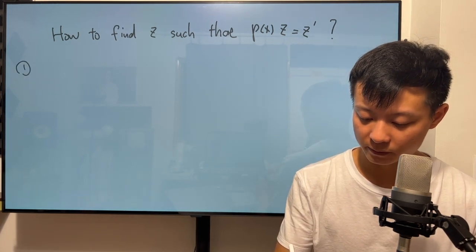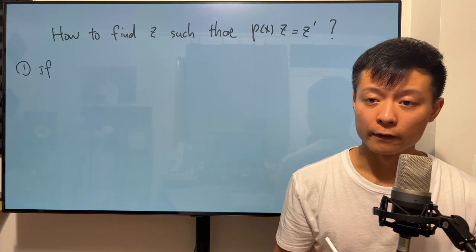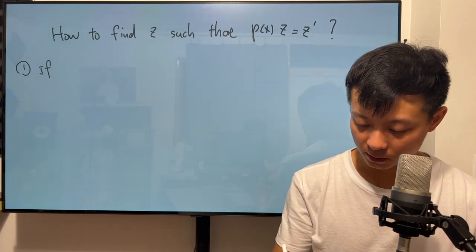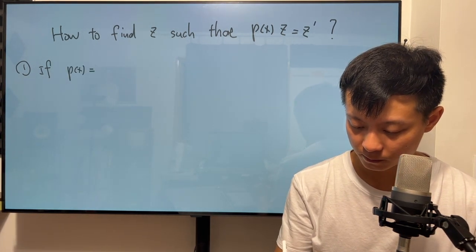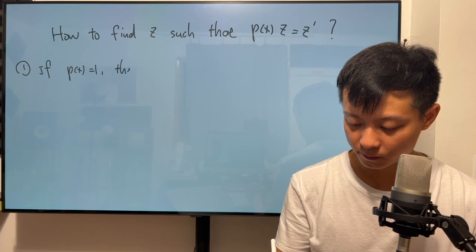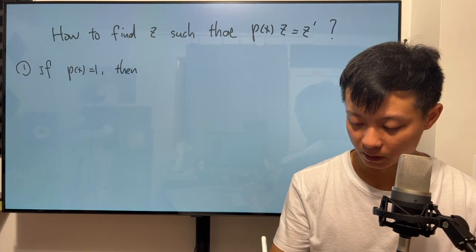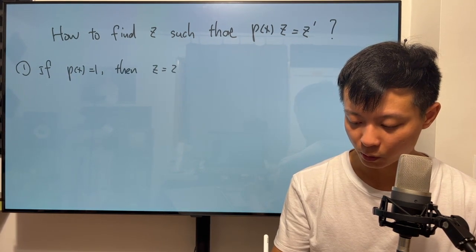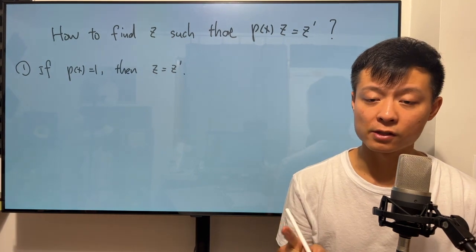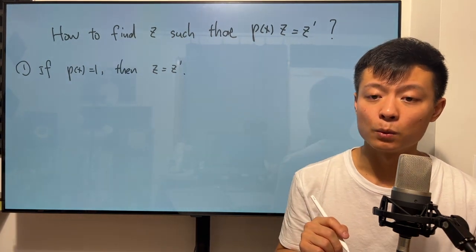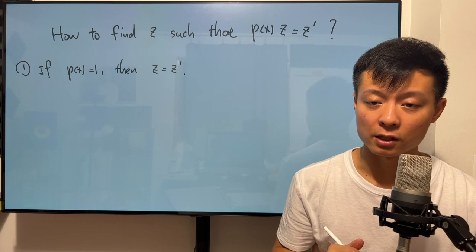Situation number 1: when the function p(x) is equal to 1. In this case, the equation is going to become z equal to z', which means that the derivative equals the function itself.